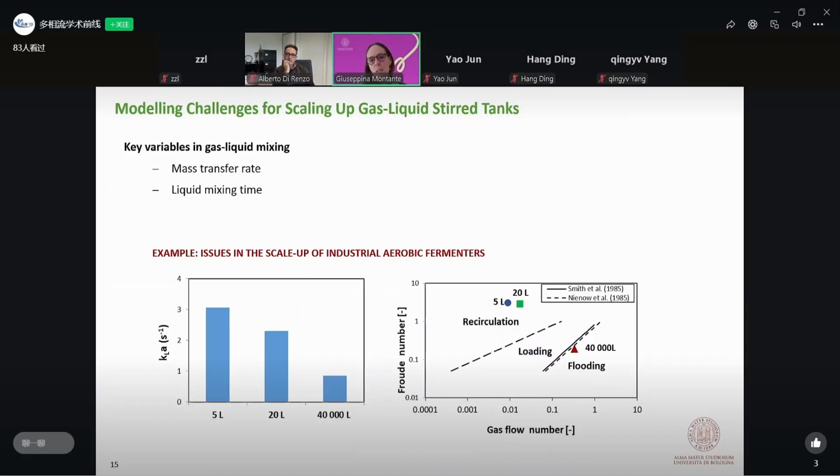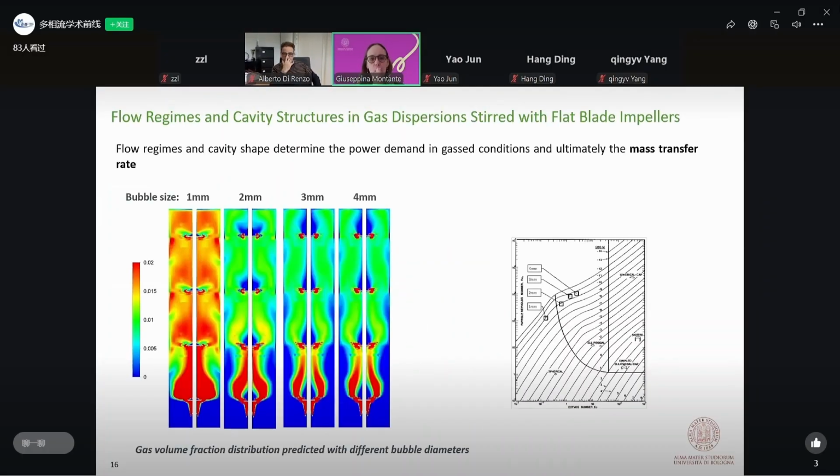This is just an example for highlighting the importance of having a deep knowledge of multiphase flow dynamics in stirred biochemical and chemical reactors, because sometimes fluid dynamics is disregarded, but of course it is the fundamental aspect to look at.